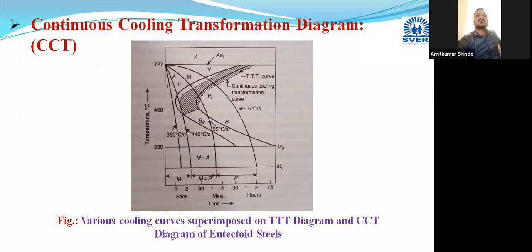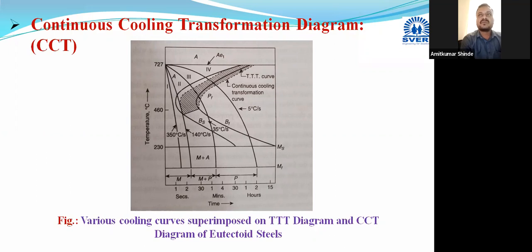The TTT diagram is theoretical, but in actual practice, whenever we perform heat treatments on different kinds of steels, it may be the annealing process or the normalizing process. How to conduct annealing, normalizing, or hardening, I'm going to discuss in the next 1 hour of this session. Annealing and normalizing I will discuss today only.